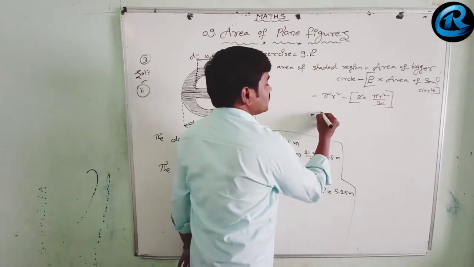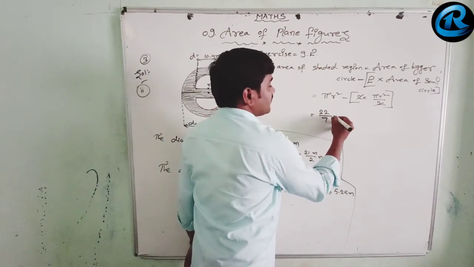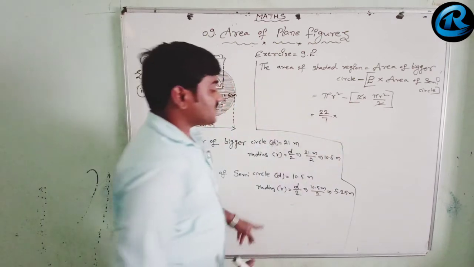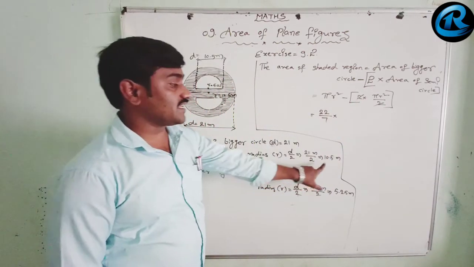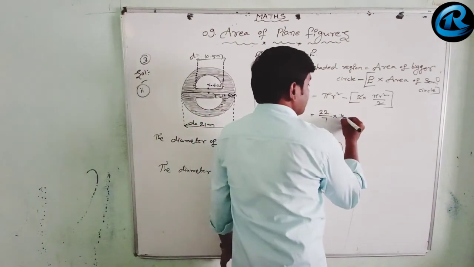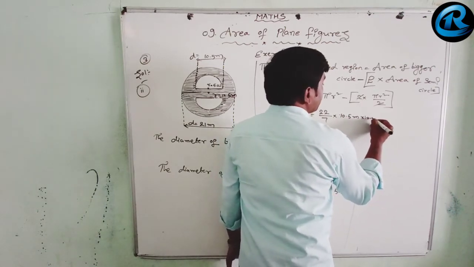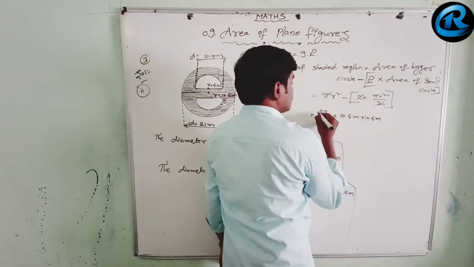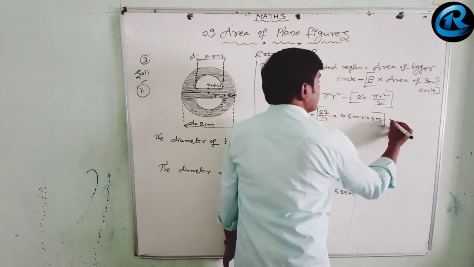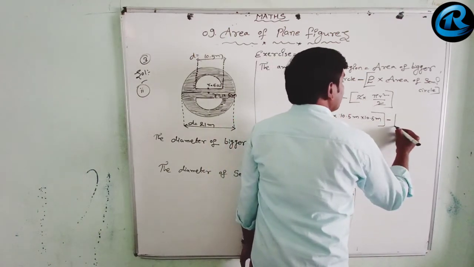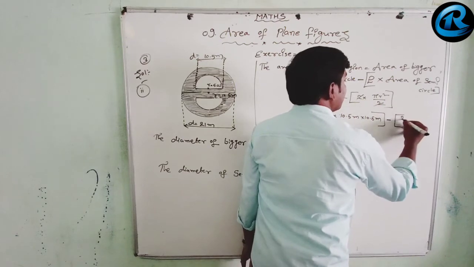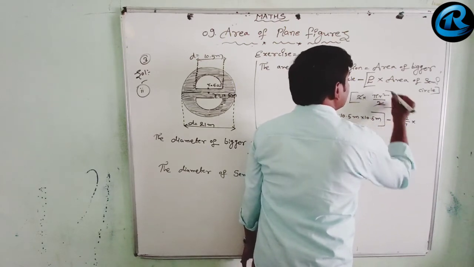Let us substitute the values here. It is 22 by 7 into r value. R is nothing but the radius of the bigger circle, that is 10.5 meters into 10.5 meters, because it is r square. Minus, here pi value, that is 22 by 7 into r value.